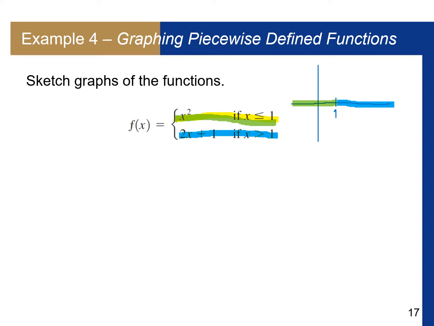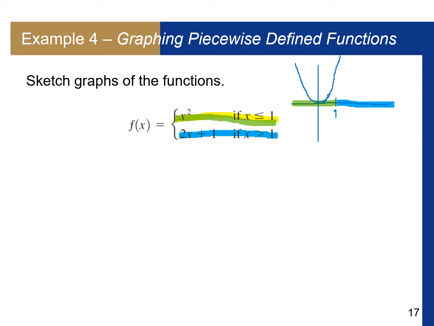Okay, so when I look at this, I know that this right here is a quadratic, and it's my parent function. Hopefully you remember that parent function, and it will look like this. And again, to the best of my ability, it comes up a little bit more than that, like this.